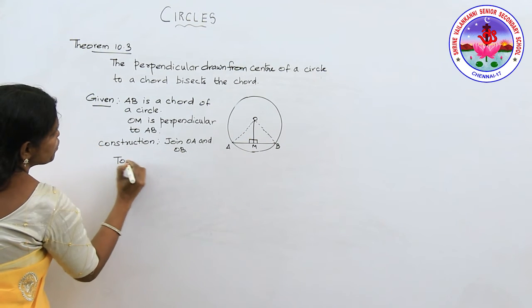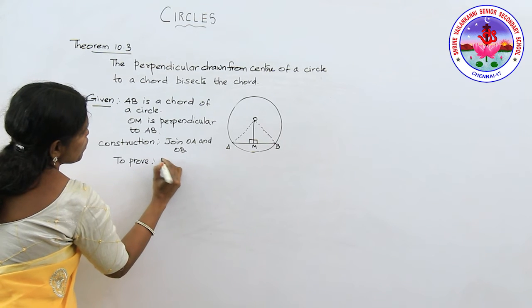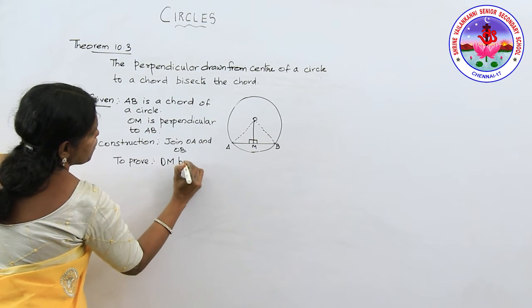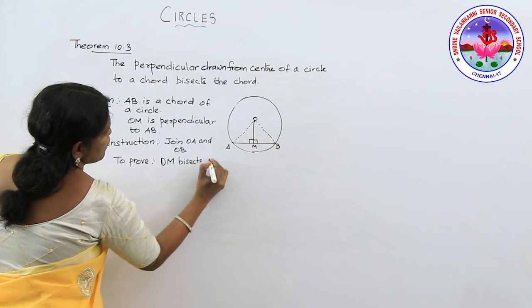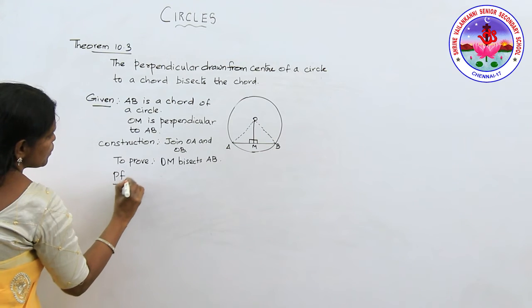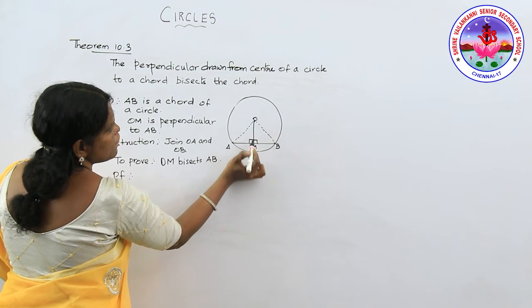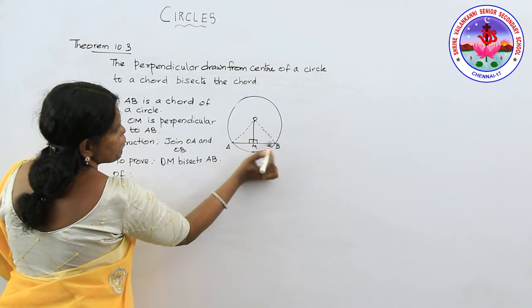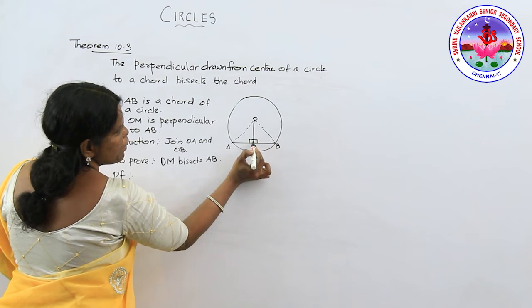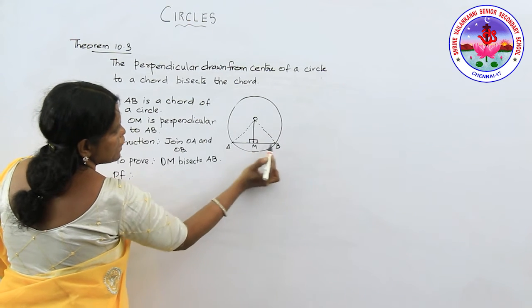So I need to prove OM bisects AB. So now coming to the proof. The same thing, I am going to take the right angle triangles OMA and OMB. Since OM is perpendicular, it subtends 90 degrees with the chord AB.